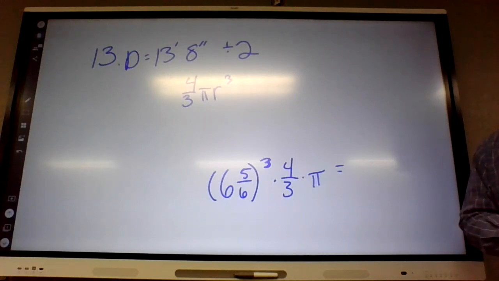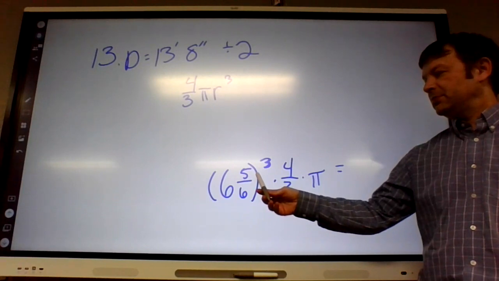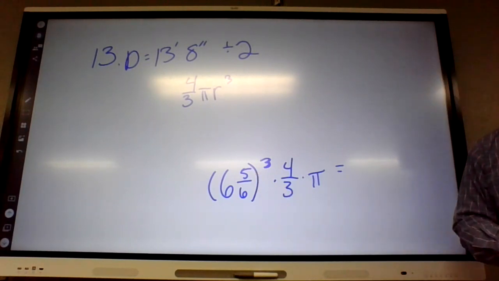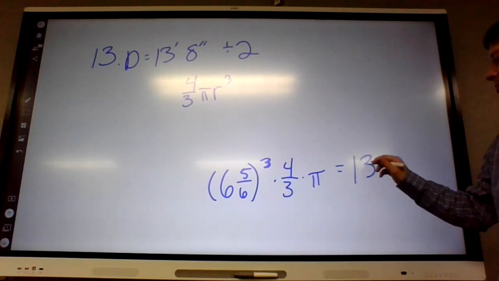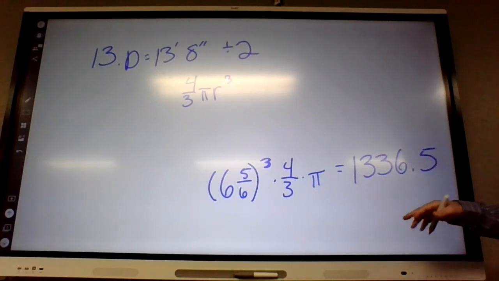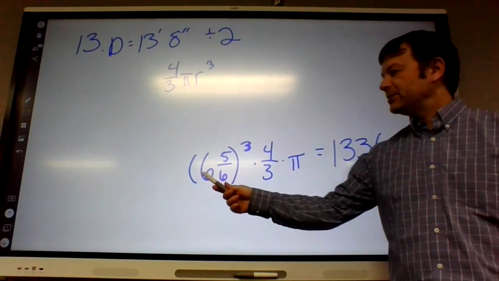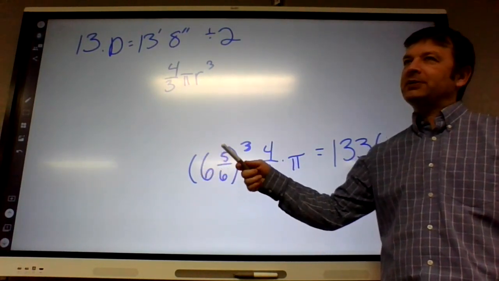No. Bigger. Okay, 6 cubed. Didn't you get this one from me? I got 1336.5. Okay. And you plugged in pi, right? Yes. Yeah, so this is almost 7, so it's like 7 times 7 times 7.